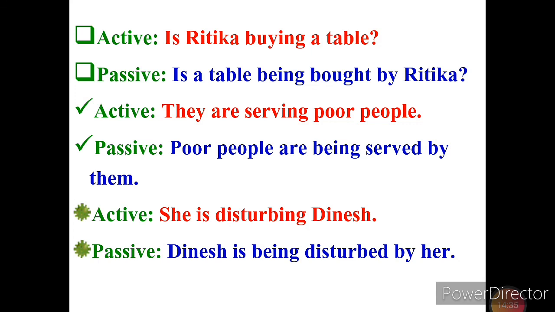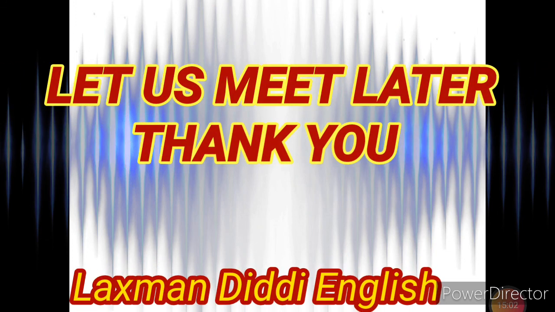Disturbed, past participle form of the given verb. Disturbed, and by as usually followed. Dinesh is being disturbed by her. I think you understood very clearly. Let us see the remaining in the next session.